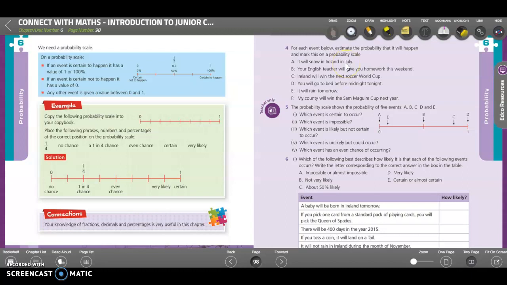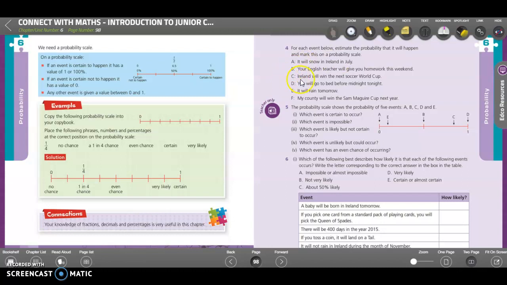Okay, so we can be very tempted to say that's impossible. Because we probably have never seen snow in July, but I would say that is very, very unlikely. I wouldn't say impossible. There could be some freak weather event and it could snow in July. So just be careful around that word impossible.